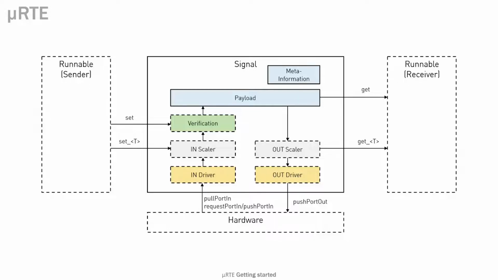This has the effect that there's some kind of inbuilt queuing which will make sure that the signal payload is associated with the event, because if you have a global signal, there might be a case that the signal has changed in the meantime before a runnable can process it.